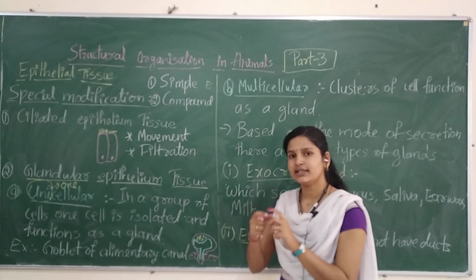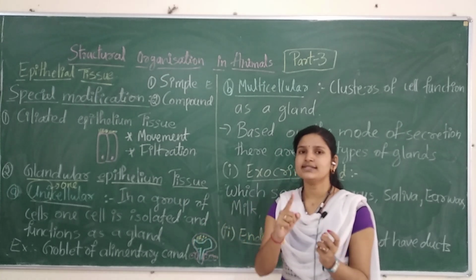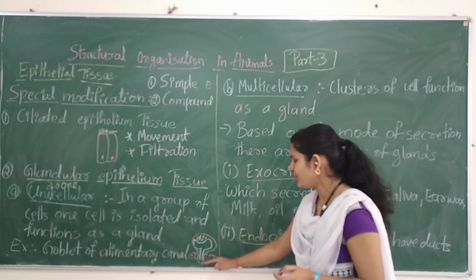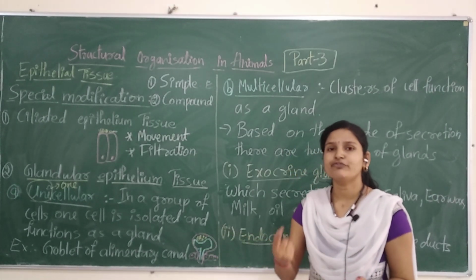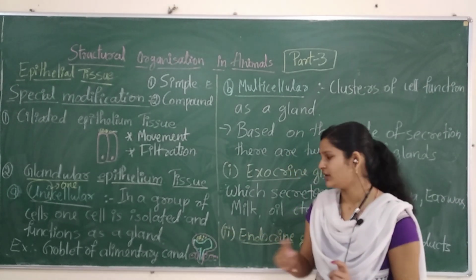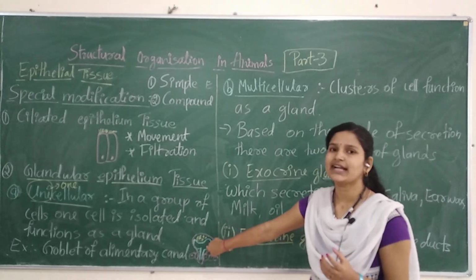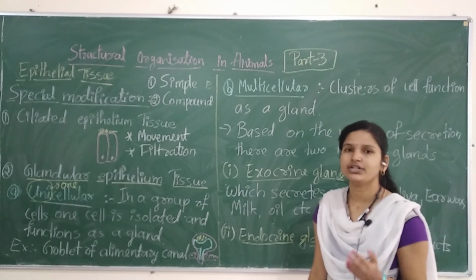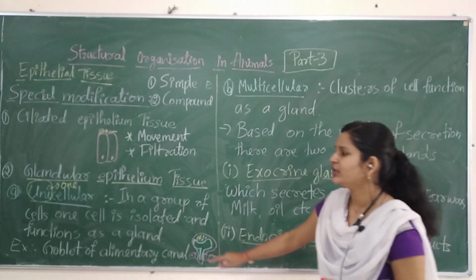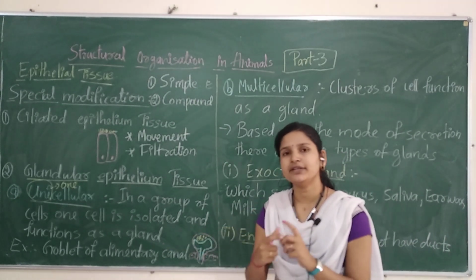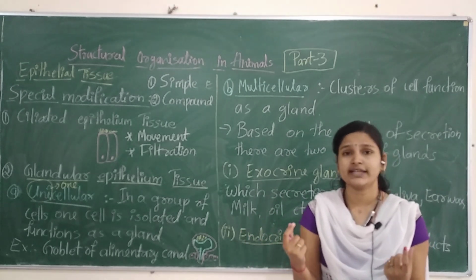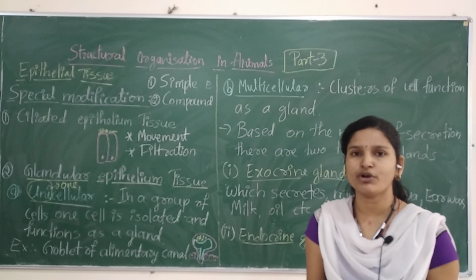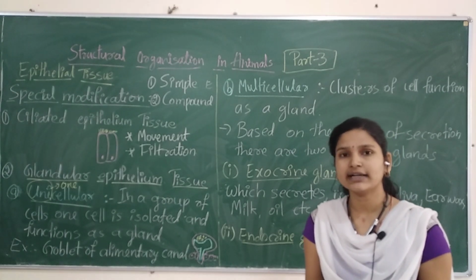In that cluster of cells, one cell is going to modify itself and perform one particular function. This only one cell is acting as a gland, which is helping for the secretion purpose. This is all about unicellular. There will be many cells in epithelial tissue, and only one cell is going to modify and act as a gland.